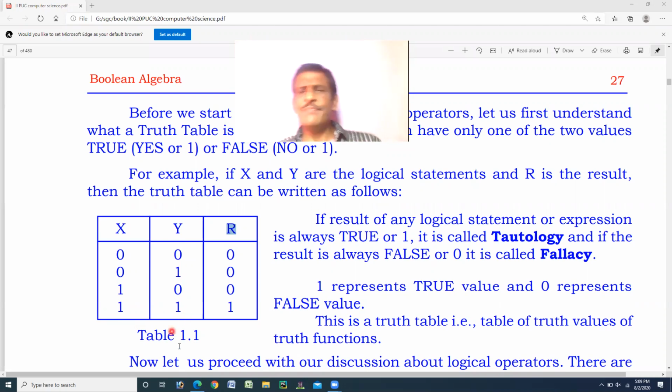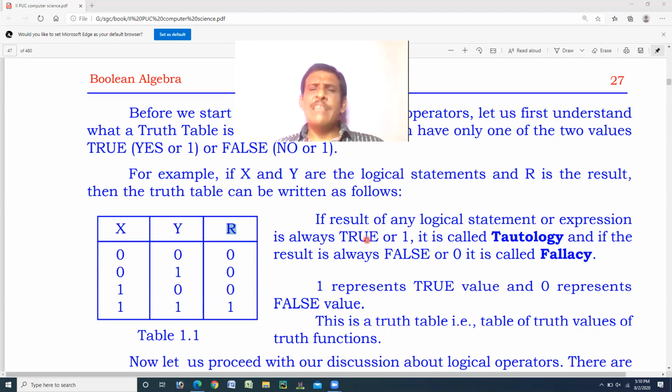At that time, the results are: 0, 0 gives 0; 0, 1 gives 0; 1, 0 gives 0; 1, 1 gives 1. It means the truth table of the AND operation. It means logical multiplication will take place here.